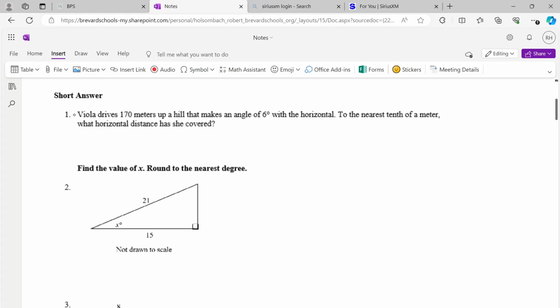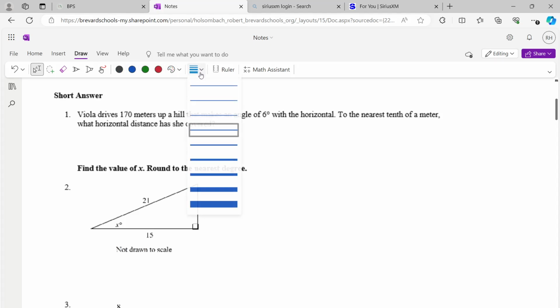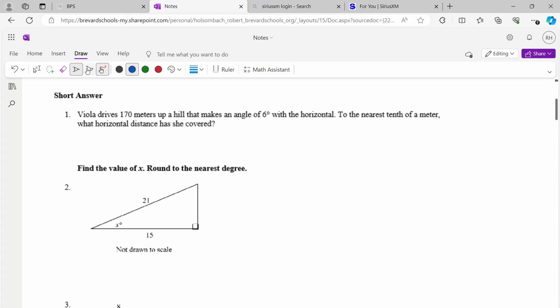So problem number 1 is a short answer question. It tells you that Viola drives 170 meters up a hill that makes an angle of 6 degrees with the horizon. It goes into an angle of elevation problem. Here's your horizon.